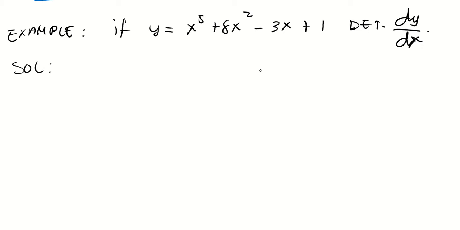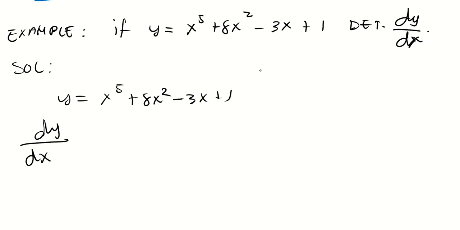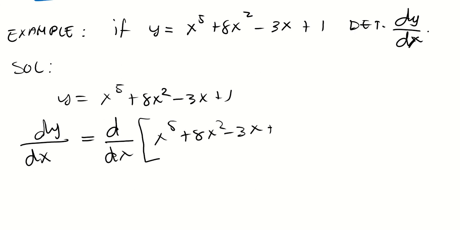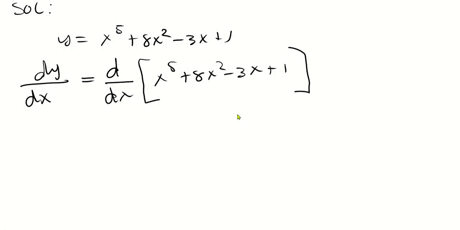distribute the derivative. So y equals x to the 5 plus 8x squared minus 3x plus 1. So if we take the derivative, this is just equal to the derivative with respect to x of this function plus 1. So the sum rule or difference rule, you can distribute the derivative.